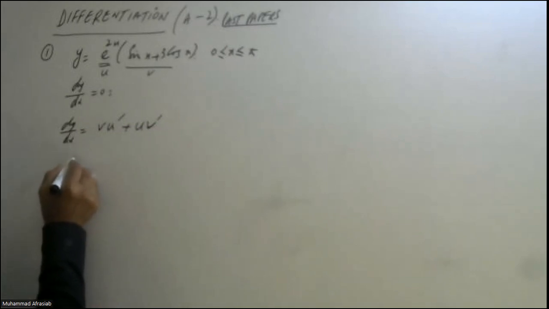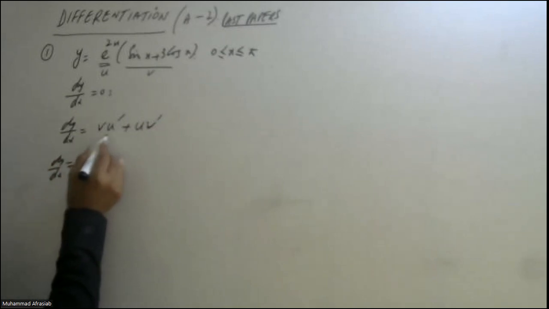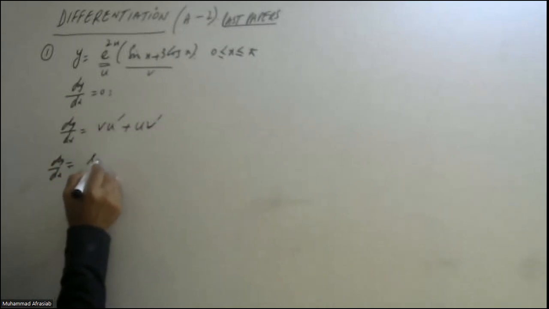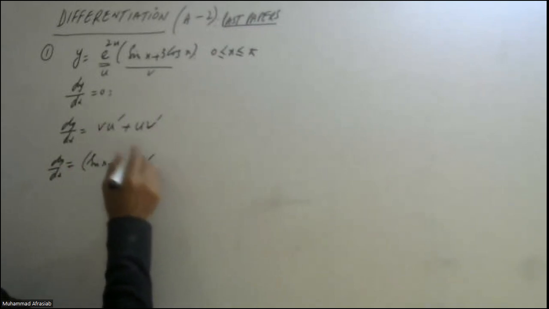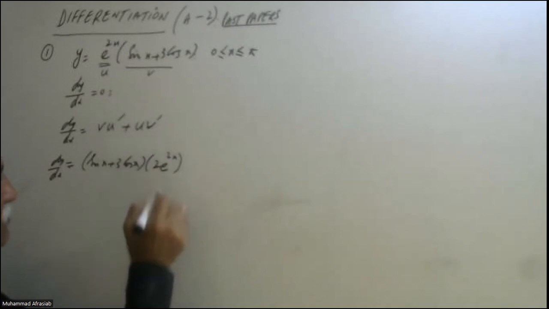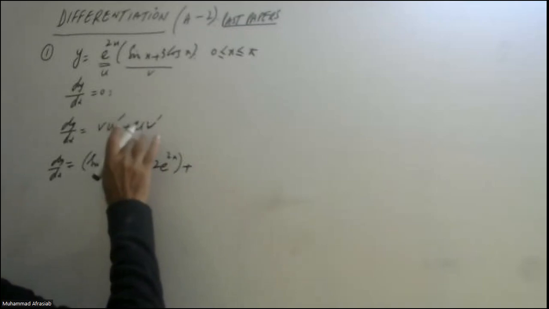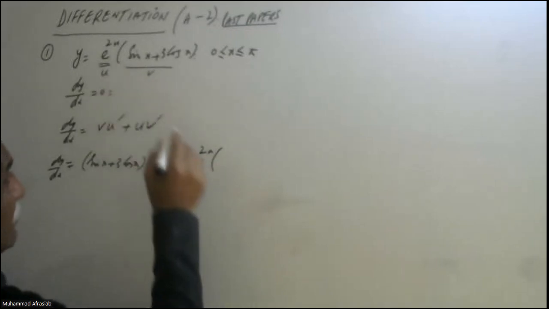So dy by dx is equal to v, that is sine of x plus 3 cos of x, into derivative of e power 2x, that is 2 e power 2x, because the derivative of 2x is 2, plus u, as this e power 2x, and v derivative.